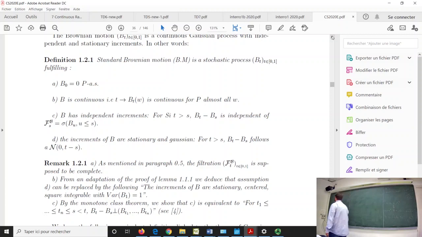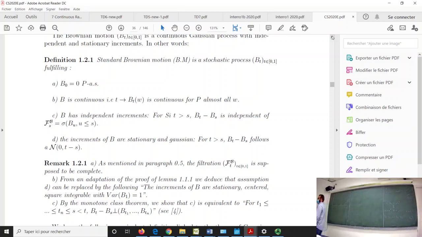So to begin with, I don't have the choice, because B0 is equal to 0. So I know that I will start from 0. So the first point, I don't have the choice.